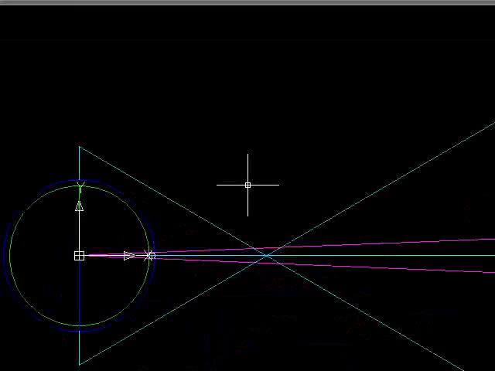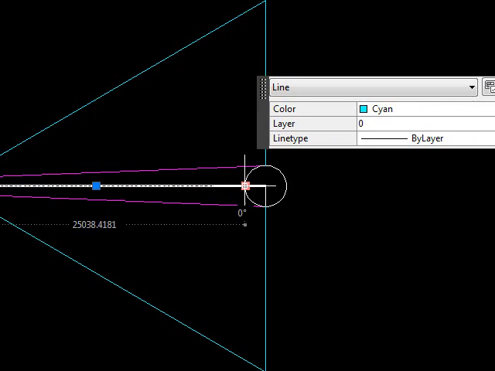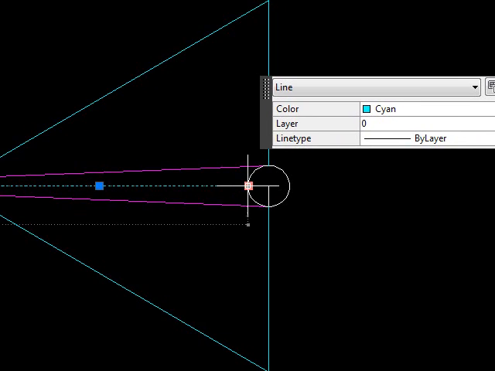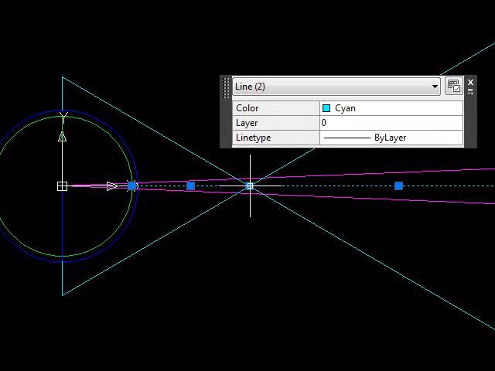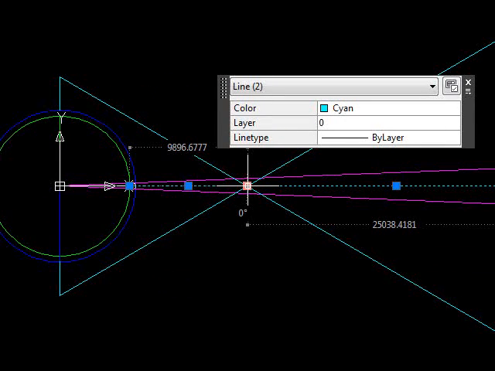So I'm going to show you what makes more sense, which would be in this drawing of mine, where I have the distance that I've shown you in the first video of 25,000 on one side and 9,000 on the other side.